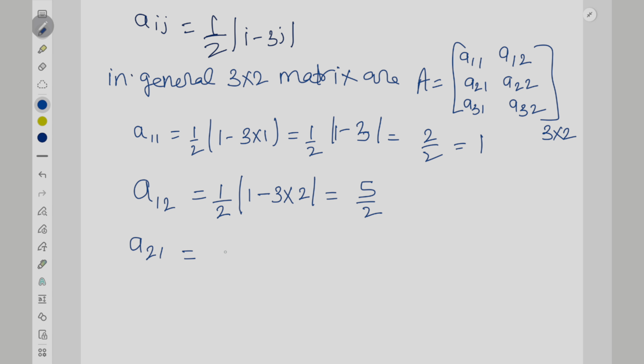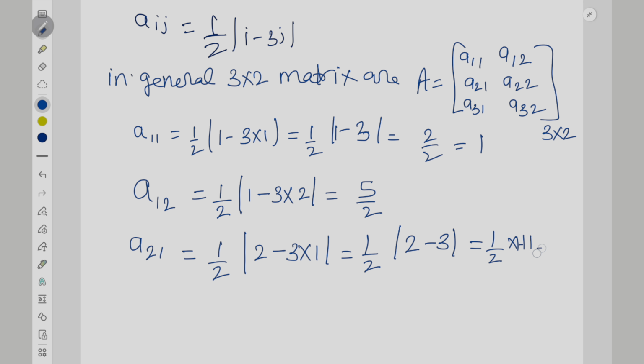A21 is equal to half, putting i equal to 2, modulus of 2 minus 3 times 1, which is half of the modulus of minus 1, and the modulus of minus 1 is 1, so it is 1 half.